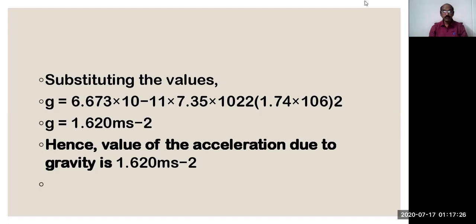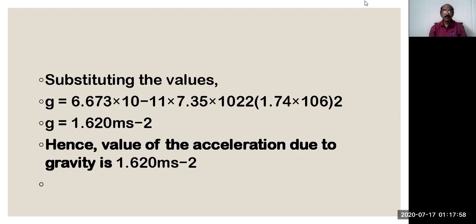For every second, its velocity decreases by 9.8 meters per second. Finally, at a particular height, its velocity becomes 0. Then the body is said to have reached the maximum height.